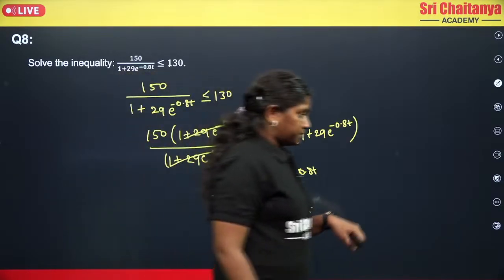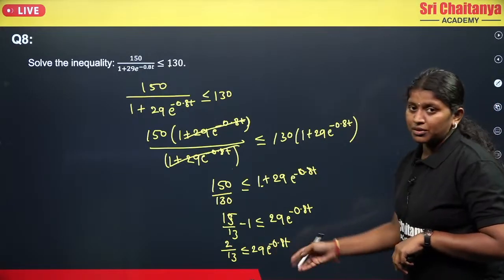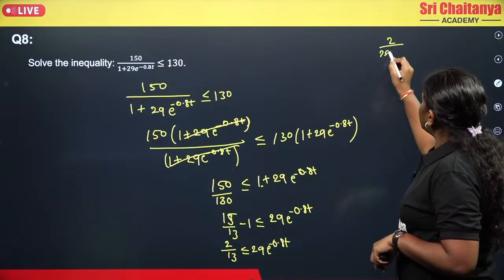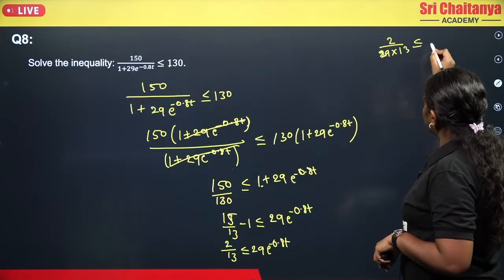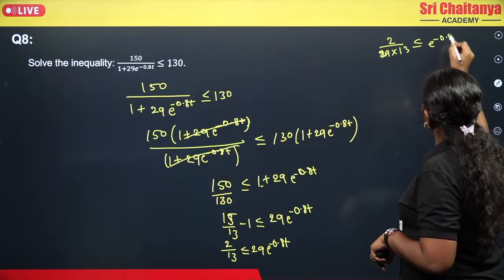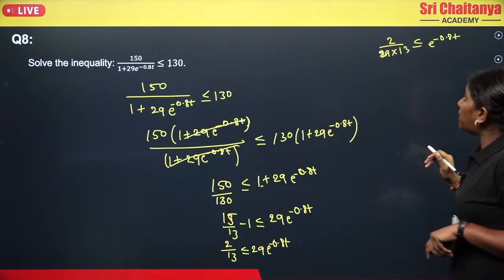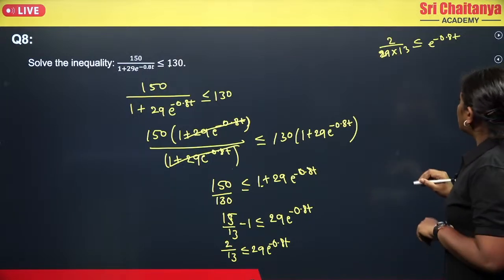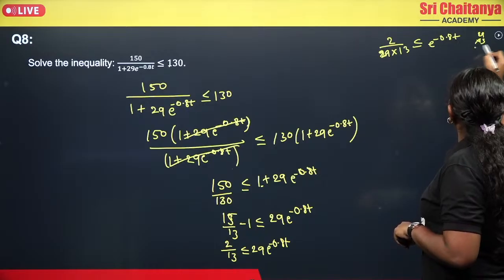Now we are just going to eliminate the constant from your right side. So that becomes 2 by 29 into 13 less than or equals to e to the power minus 0.8t. Now if you apply your ln, you will get your t value. Clear? So just multiply your 29 with 13.